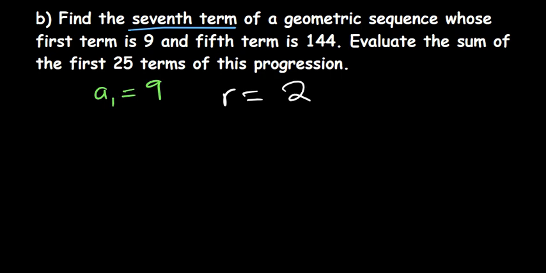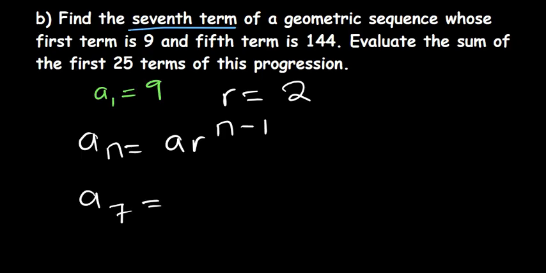So how do we find the 7th term that they require? The formula an is equal to a r to the power n minus 1. For the 7th term, first term is 9, r is 2, raised to the power n minus 1.